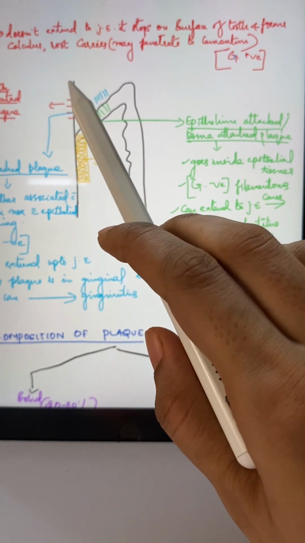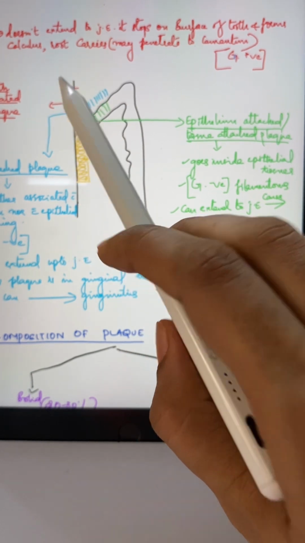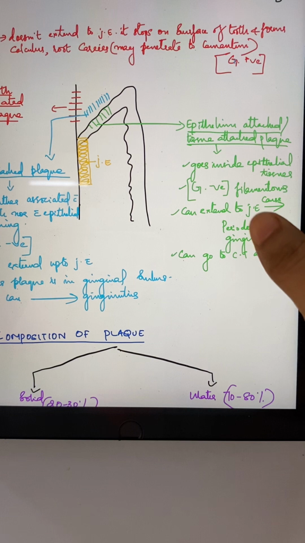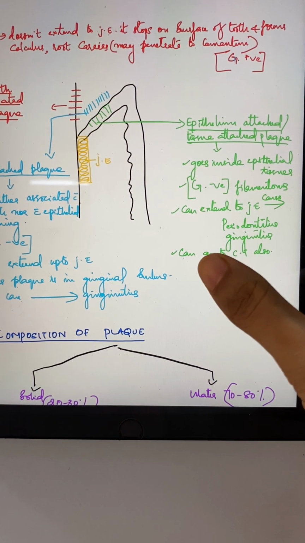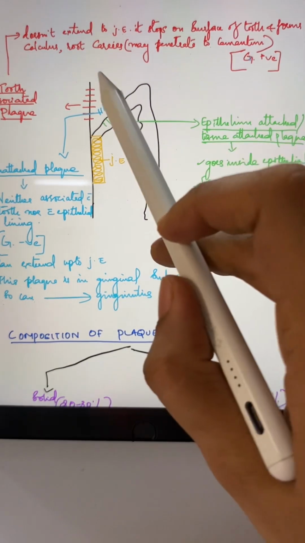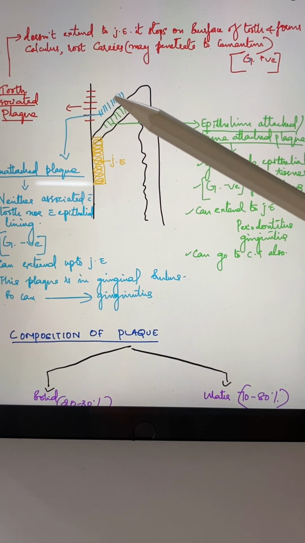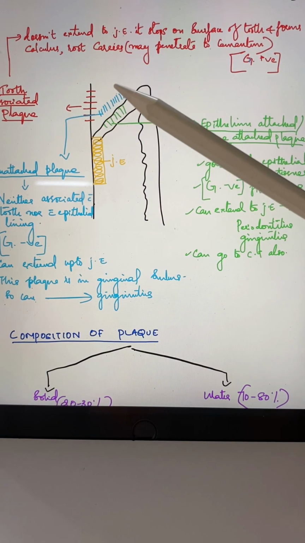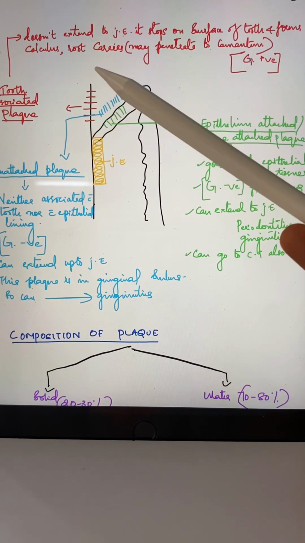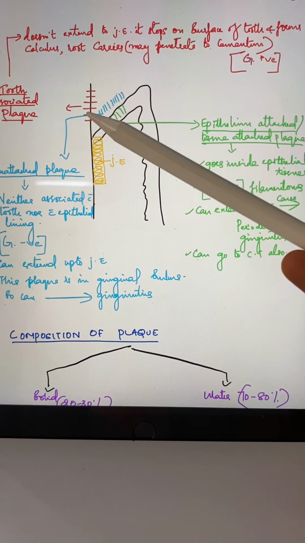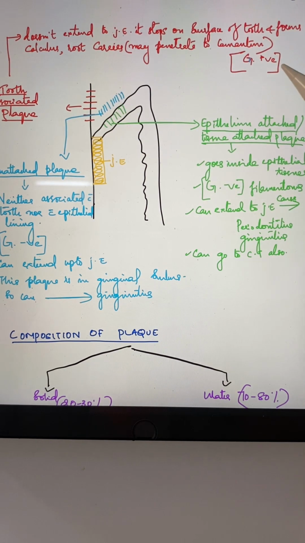Tooth associated plaque doesn't extend to the junctional epithelium. It just stops on the surface of the tooth and forms calculus, root caries, and it may penetrate to the cementum. As I just discussed, the bacteria in tooth associated plaque are gram positive.